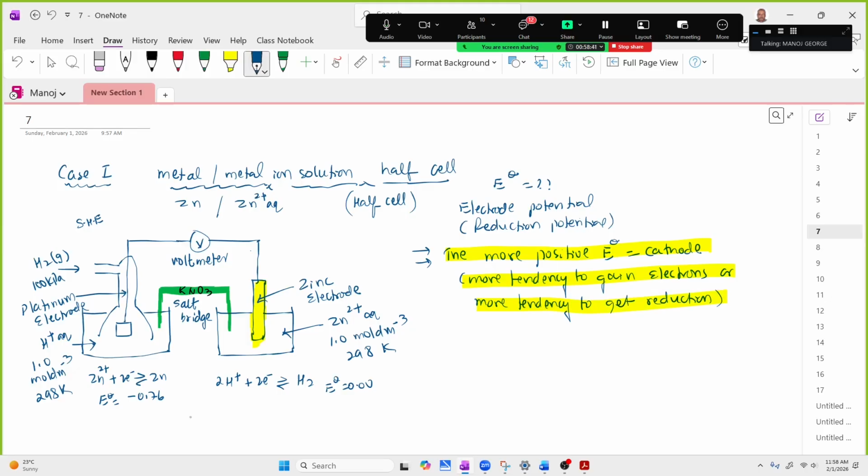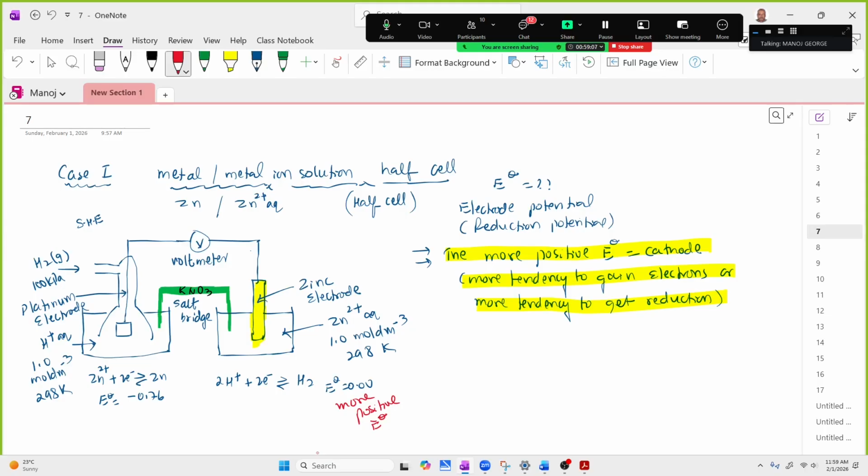Now, if you look at the equation, out of the SHE and the zinc half cell, who's going to act as my cathode? Who is more positive? This is more positive. Does that make sense? This is a cheat I'm saying.